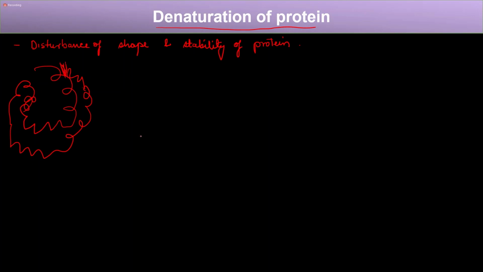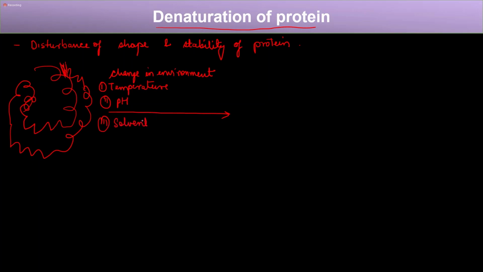Now, suppose this protein is kept in an environment that changed. By change in environment, I mean suppose there is a change in temperature, a change in pH, or a change in the solvent or solution around this protein.